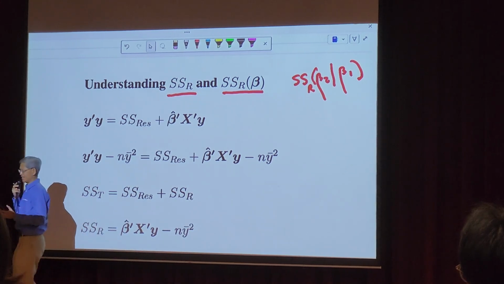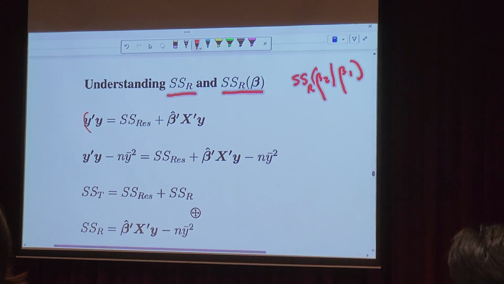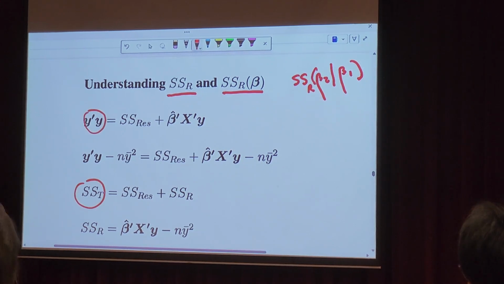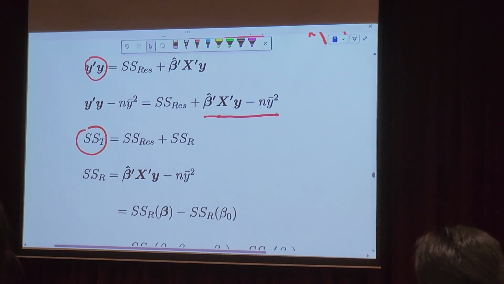Now, what is SSR? Do I care whether it's corrected sum of squares or uncorrected sum of squares? This uncorrected, this corrected. Do I care? I don't care. But what I care is this SSR. Now, what is SSR?